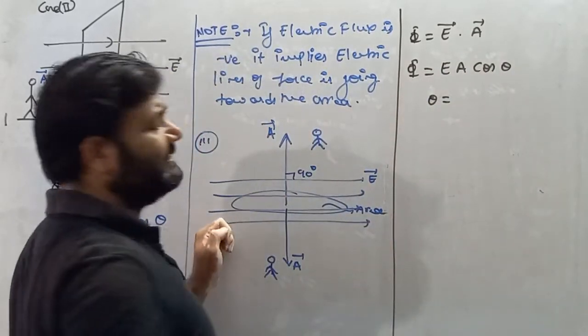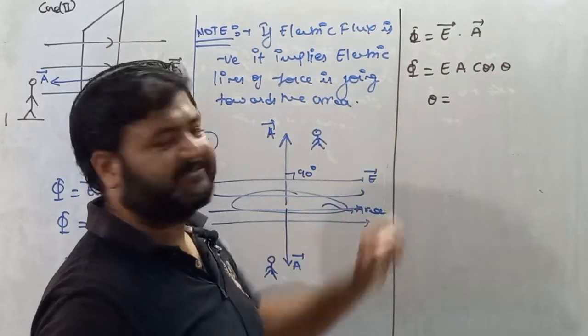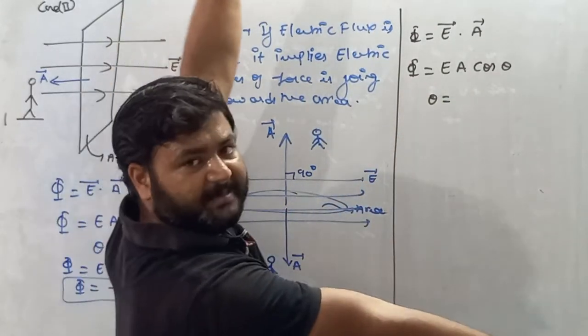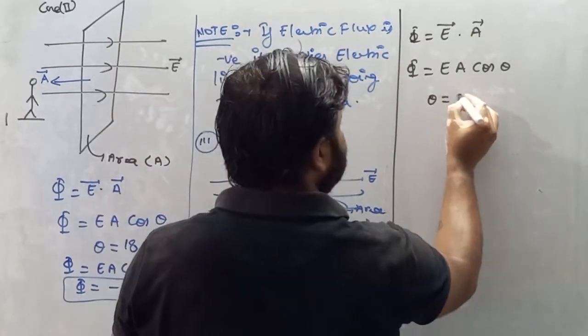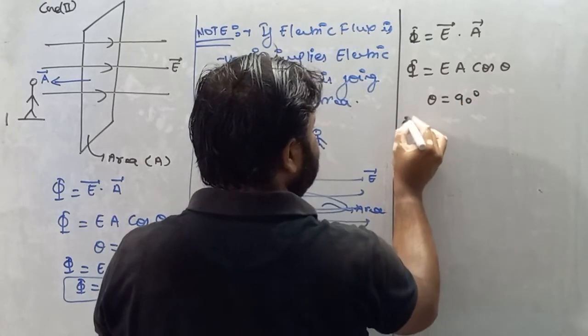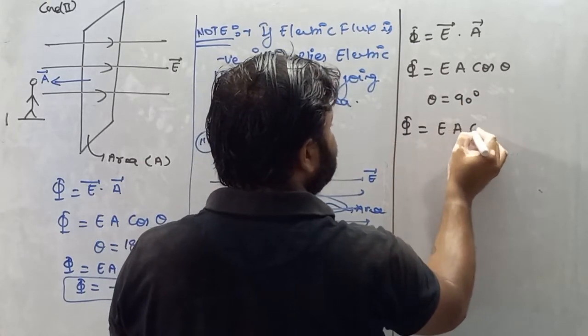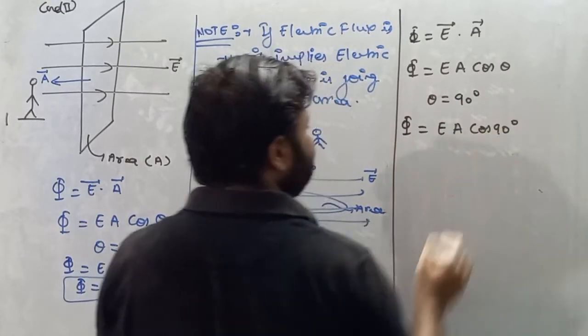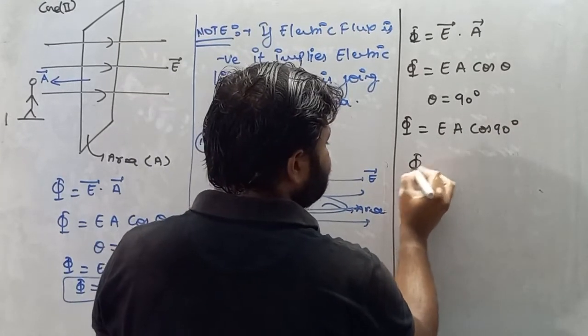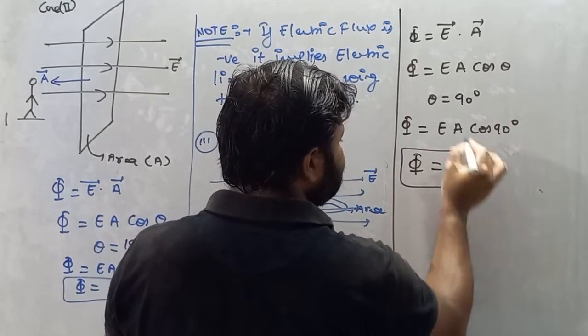So in this situation, electric field and area vector both are perpendicular to each other, so angle is 90 degree. So flux is equal to EA cos 90, and we know that the value of cos 90 is 0, so flux is 0.